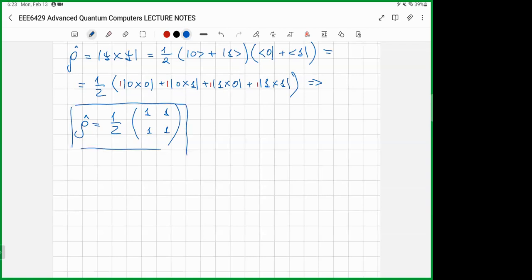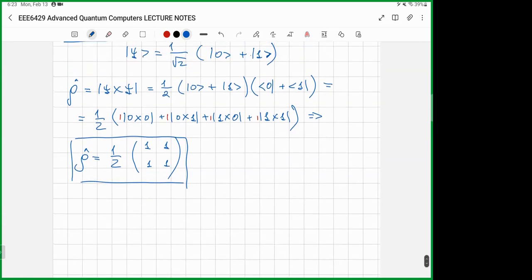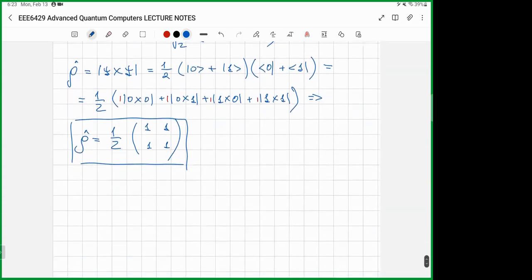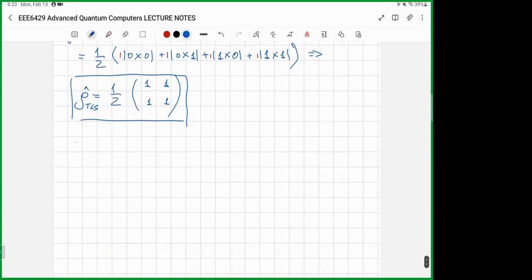Yeah, this is the density matrix of the two-level system in the state of superposition. And of course, for the same system in the mixed state, I just need to turn to 0 the off-diagonal elements.